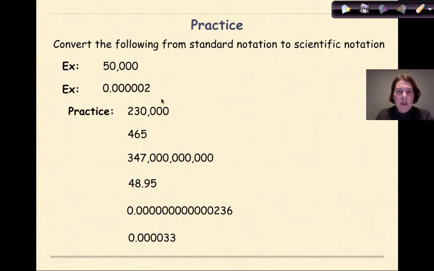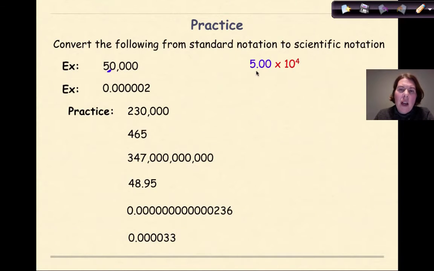Let's look at 2 examples here together as we convert the following from standard notation to scientific notation. Then when we get to the practice, I want you to stop, try them out on your own, and see how you do. So our first example is 50,000. To put this into scientific notation, we're going to put a decimal right here, and then we're going to have basically our multiplication sign, the 10, and then a positive exponent.